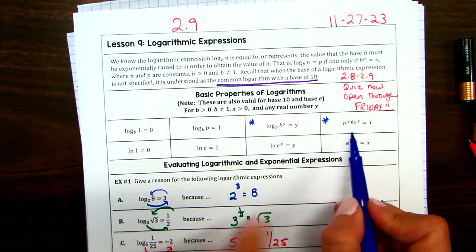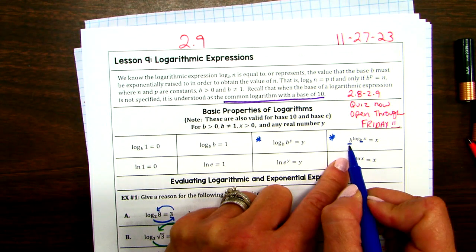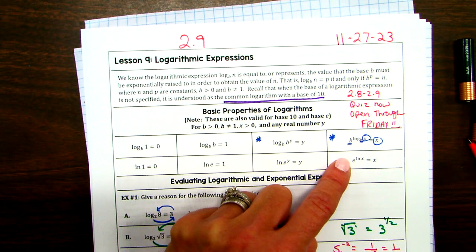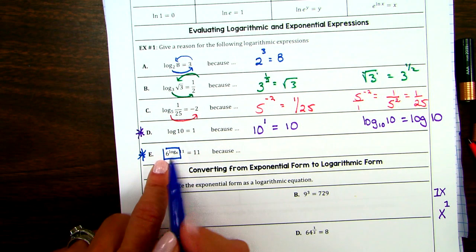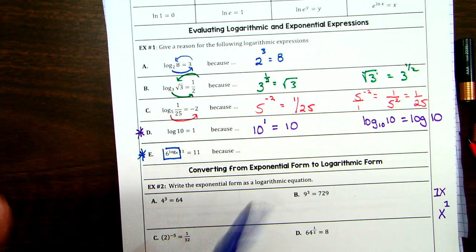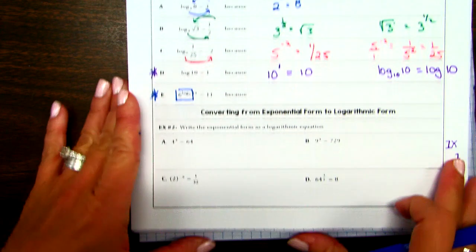This is the same as what you see here, where the b's are the same. This base is the same as this number. It's just x equals x. Whatever's there equals that. So you're going to see that again and again. And it starts to become easy to recognize because they're the same number. It's never going to be like 6 to the power of log base 4. They're always going to be the same number, and you're going to be like, oh yeah, it's that weird one. We cancel it out. Whatever's left is left. Okay, we'll see it again in a minute.